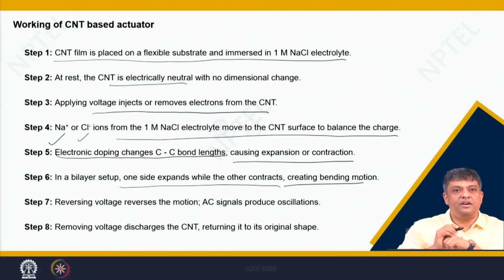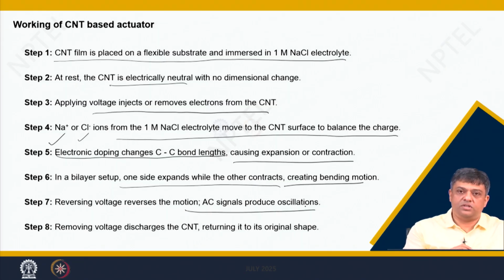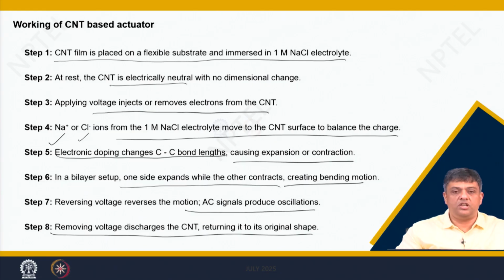Reversing the voltage reverses the motion, and an AC signal produces oscillation. Finally, you remove the voltage and the CNT returns to its original shape because of its mechanical robustness. So, you can easily understand the nature of the charge which is injected.